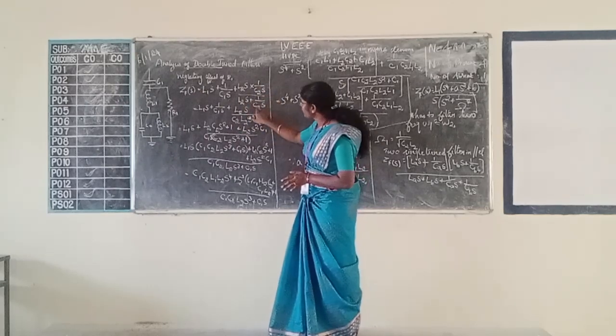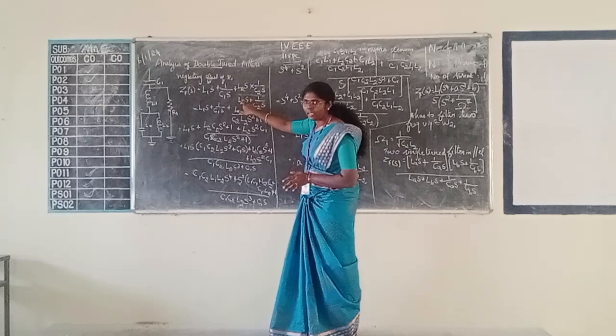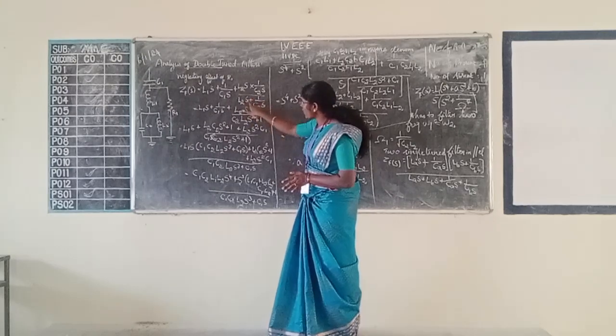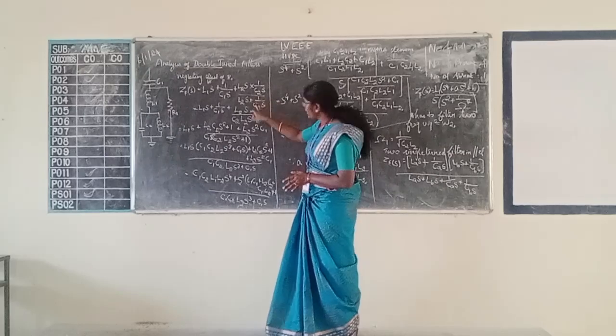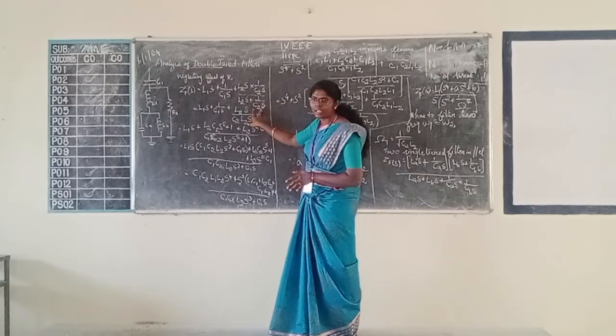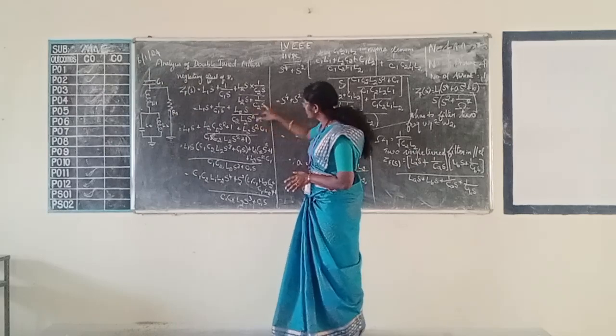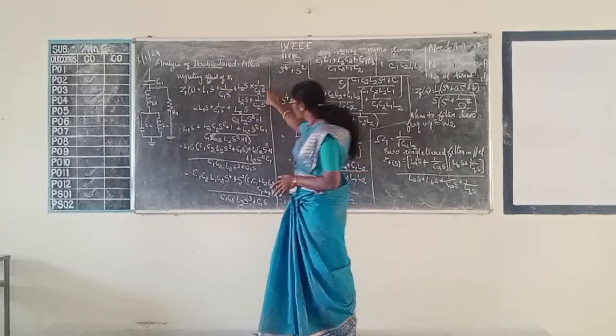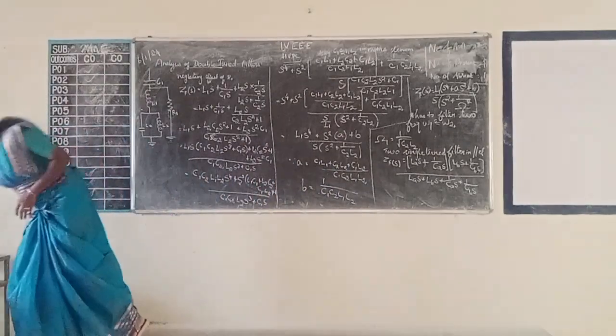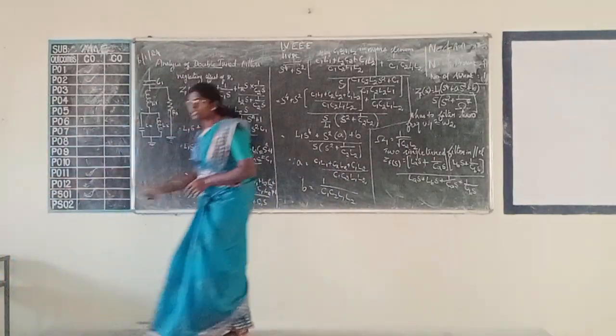If we solve this, we will be cross multiplying, right? That is L2C2s squared plus 1. And now in the denominator, what will be there? C2s. If we take C2s over here, it will be in the numerator. So here there is already a C2s, and both the C2s will cancel.